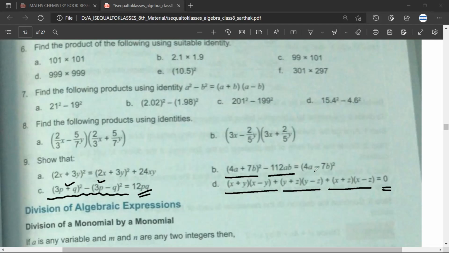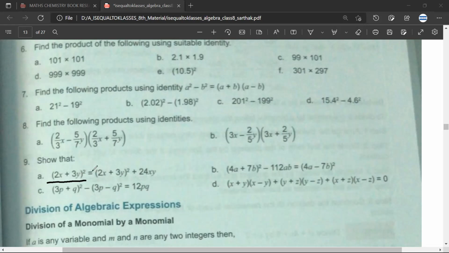Solve this, and you will get the value like this. I think in the first question, one of the signs is missing. So I think this should be minus. Sarthak, have you understood? Yes, sir.